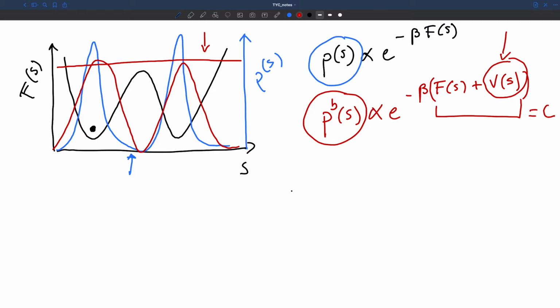Again, if we introduce a bias potential, what we will sample in our simulation is this biased probability density that will depend on the bias potential. The question that we want to answer now is how do we account for the presence of such bias potential in order to extract the unbiased probability density that will allow us to recover the free energy of the system.